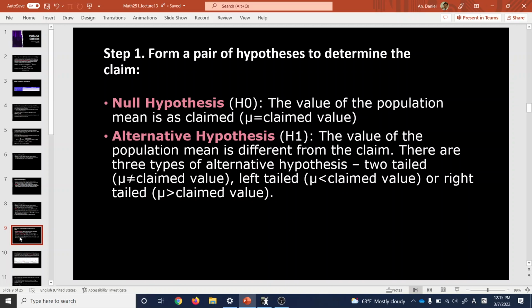Now, we're going to go over some examples today to better understand what these are. But to give you some idea of what this means, it's like the following. Often when your supplier claims something, there are cases where you don't care if it's above.